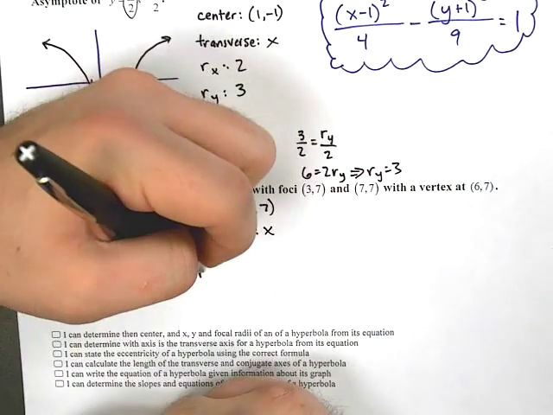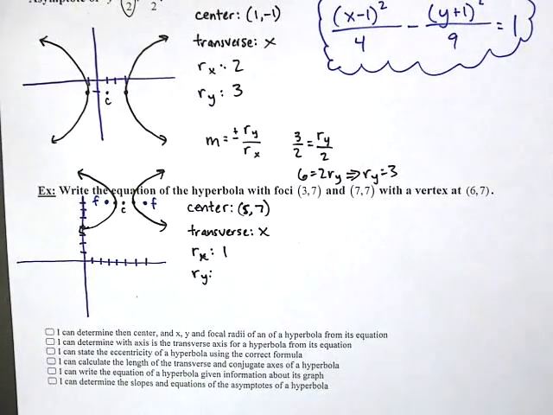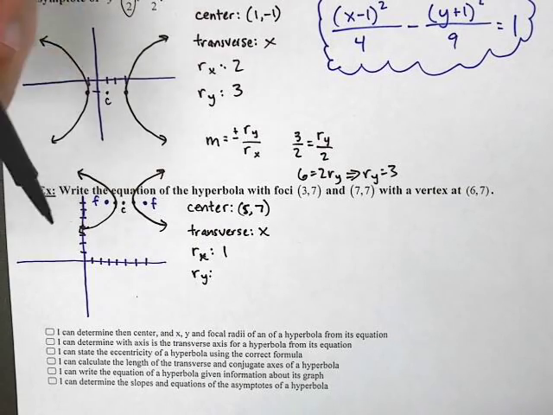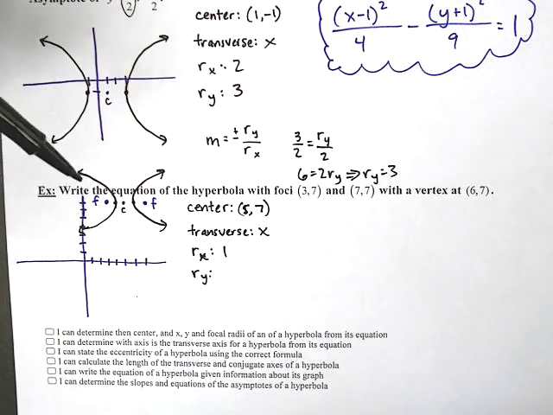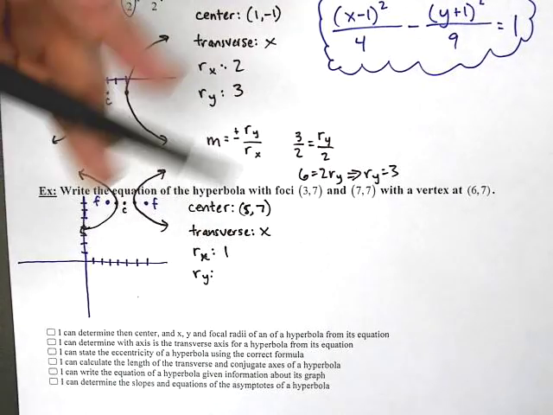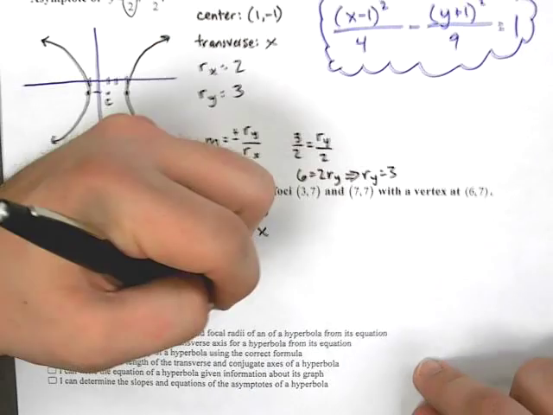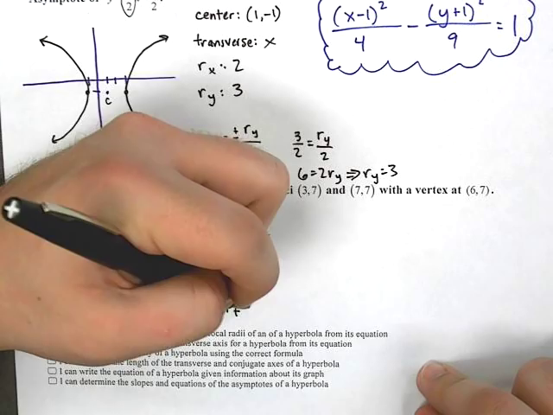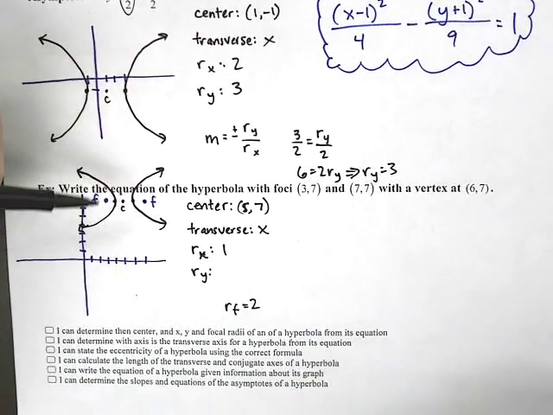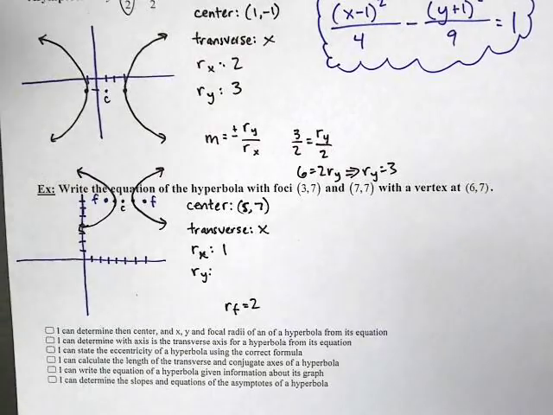R sub y, don't have it yet, but what we can remember is if we have information about the focal radius, you can always get the missing radius, all right? So now, because we know r sub f is equal to 2, and hopefully you agree, it's 2 away.